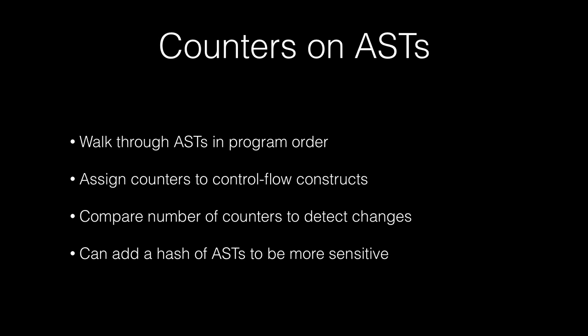And the minimal check is if the number of counters are the same in the current AST versus what's in the profile file, we know how to match them up. Of course, it's possible that the code has changed in a way where that really might not be the right mapping, but that's kind of the minimum level at which we can make sense of the profile data.